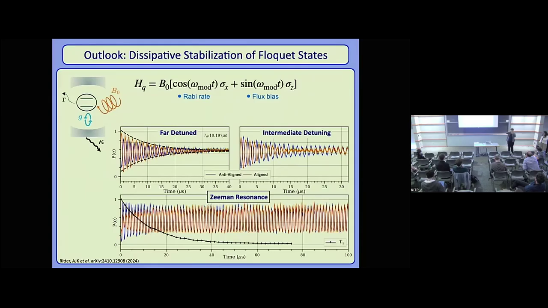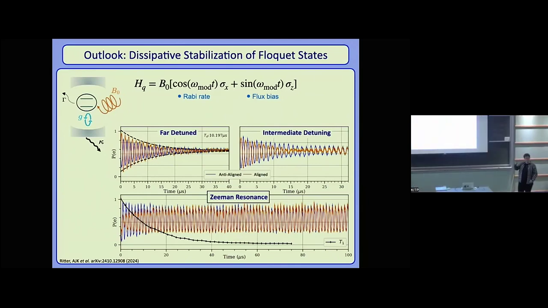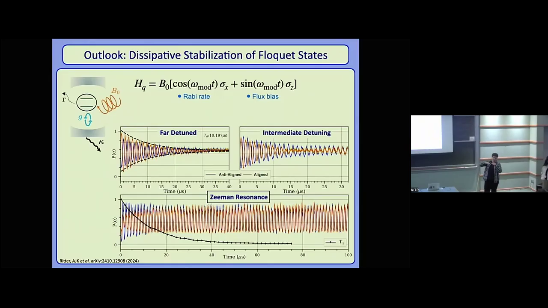This one is when you get within about a G of the cavity. This is 2G and this one is G, so it's a little bit closer. For reference, we go with about an 80 megahertz field here, so we have an 80 megahertz Rabi rate at the peak. One of these modes can be about 80 megahertz below the cavity and the other about 10 below, that kind of thing.